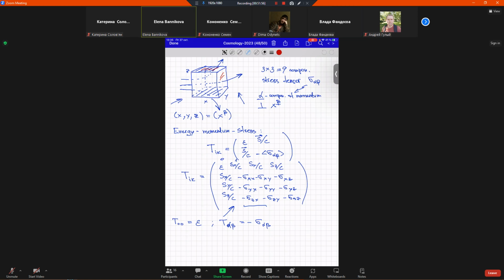Yes, and this tensor also has a dimension. As you can see, it should be the dimension of energy density, and this is energy divided by L cube.